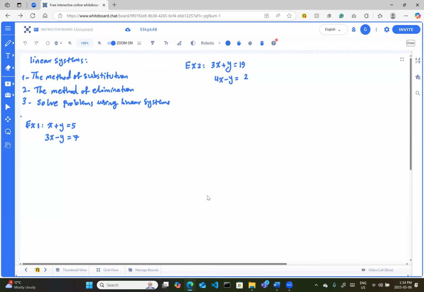So we start with two different methods, substitution and elimination methods, that are used for solving the linear systems. And eventually we're going to solve a problem using linear systems.